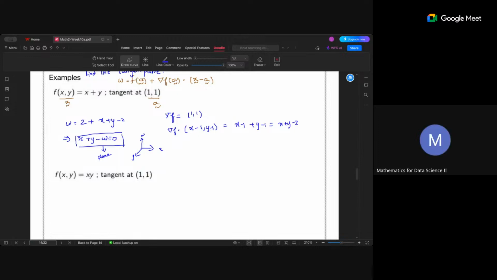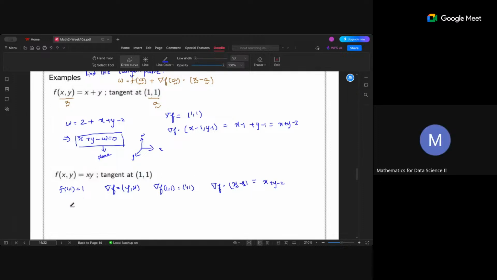What is f of 1 comma 1? Simply 1. And your del f is (y, x). So del f at 1 comma 1 is 1 comma 1. So del f dot x tilde minus a tilde, where x tilde minus a tilde is x minus 1, y minus 1 again. So I will get the same x plus y minus 2.